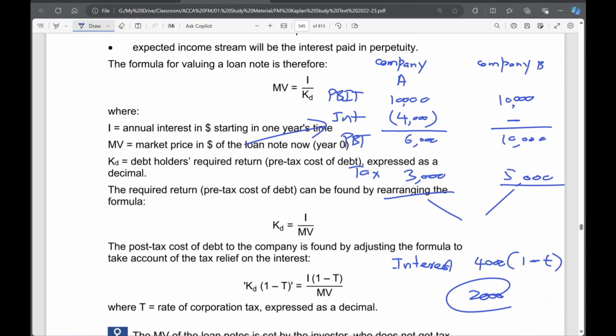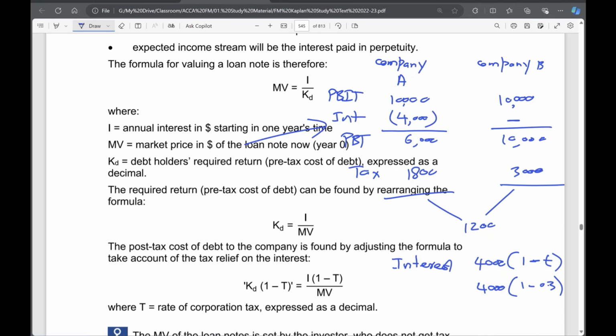If the tax rate is 30%, then how much tax in that case? Look, 6,000 times 0.3 is 1,800 here and 3,000 here. So how much tax do we save? 1,200. And if I want to find it this way, 4,000 into 1 minus T, T is 30%, so 4,000 times 0.7.